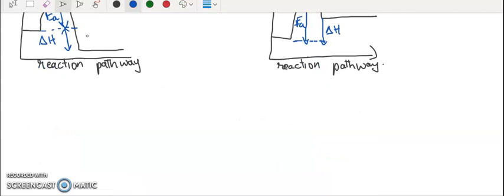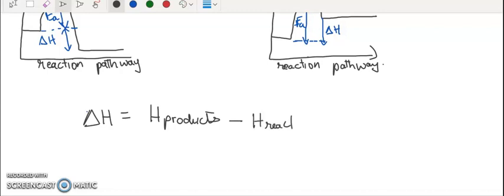It is written as delta H is equal to the enthalpy of products minus the enthalpy of reactants. And this is the basic definition.